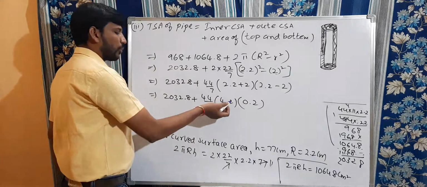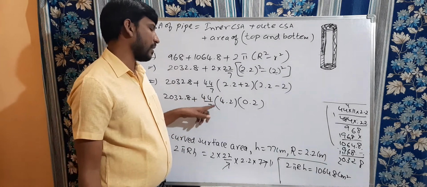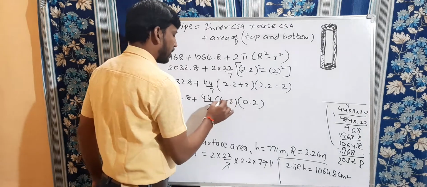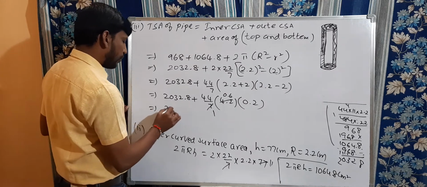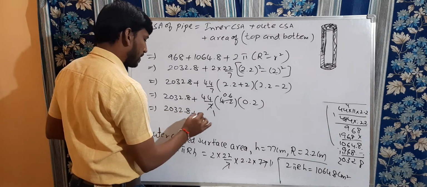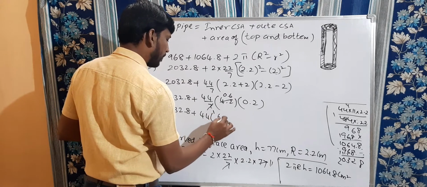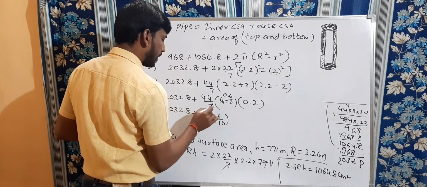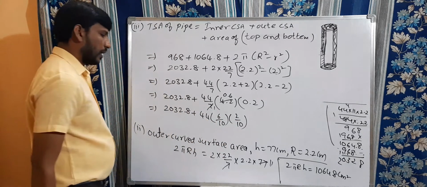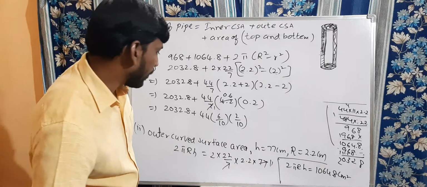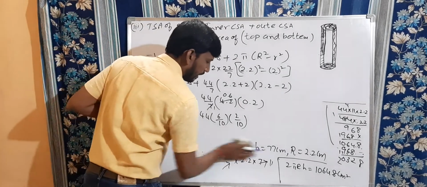Clear? Now 4.2 is nothing but 42 by 10. When we cancel with 7, 7 ones are 7, we get 0.6. So 2032.8 plus 44 into 6 by 10 into 2 by 10. Now you should multiply 44 into 6 into 2 and divide by 100, and you will get the solution.